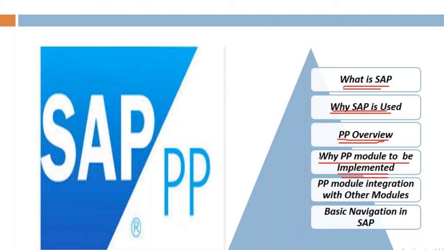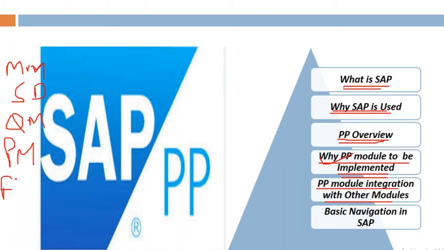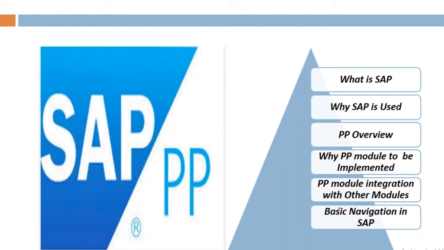You might know the other modules in SAP: MM, SD, QM, PM, FICO, HR, WM. We will discuss how the PP module is integrated with all these modules. Then we will see basic navigation in SAP: how to log on, how to log off, and how to execute transactions. So the overview part is like an introduction.